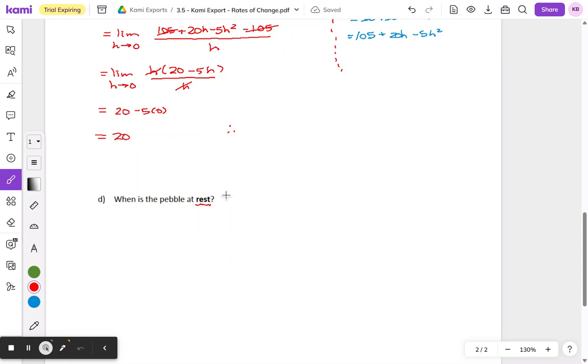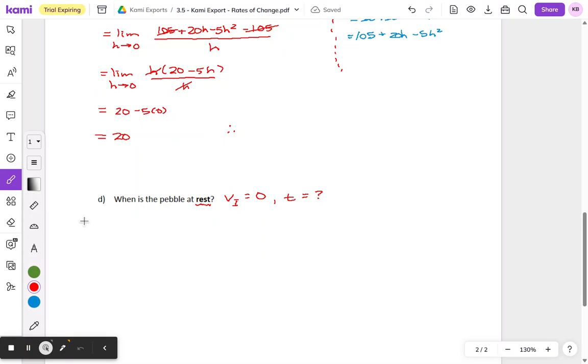So we're looking for the time when the instantaneous velocity is equal to 0, and that will be at that maximum point. If you think about what you know about slopes, that's when the slope is going to be 0, meaning it's going to be perfectly horizontal, and that's going to happen at the maximum point.